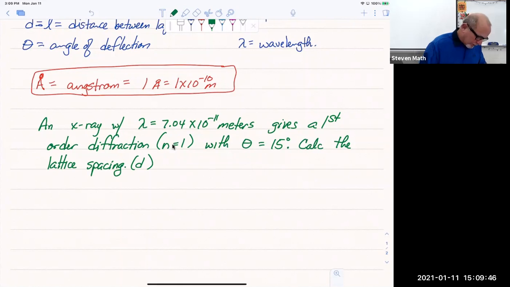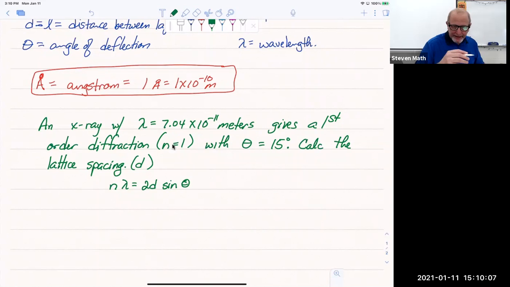Okay, so set it on up. n lambda equals 2d sine theta. The rest of this is just plug and chug. We've already got things in meters. If you've got a wavelength in meters, then your D is going to be in meters.